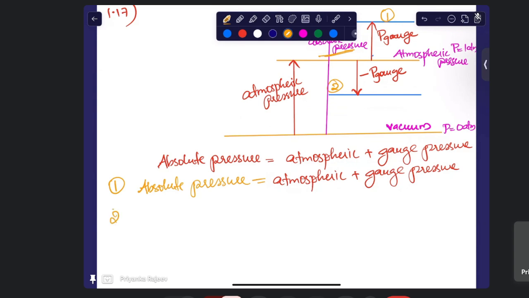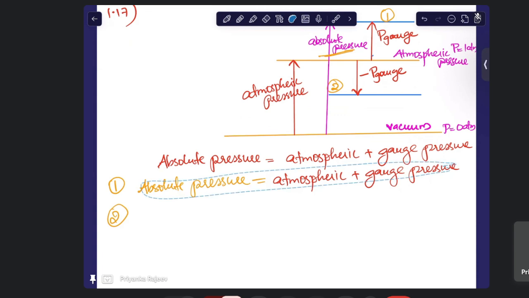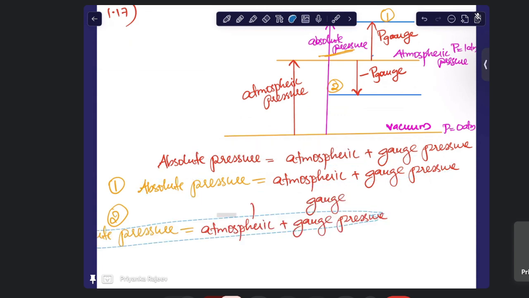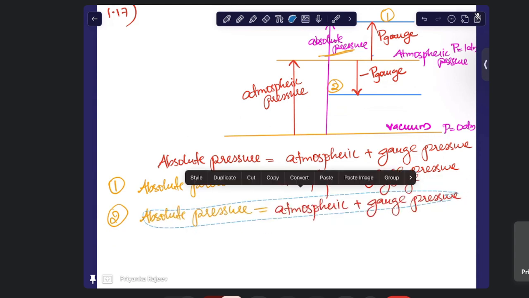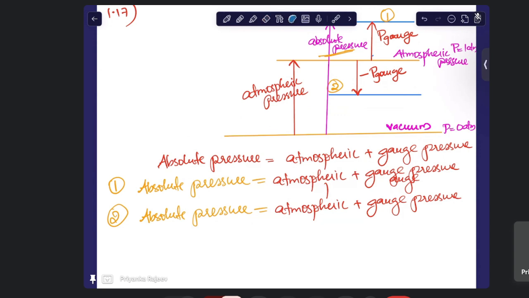What about the second case? In the second case also, you have got atmospheric pressure here. What about plus gauge pressure? So it is plus gauge pressure only, but the gauge pressure value will be negative. Okay, so in the second scenario also this holds, but the only problem is here you have to take the negative gauge pressure.